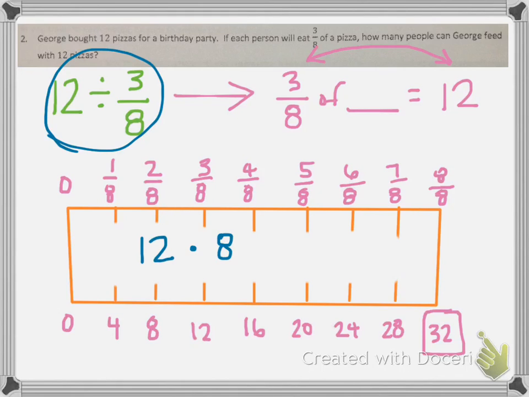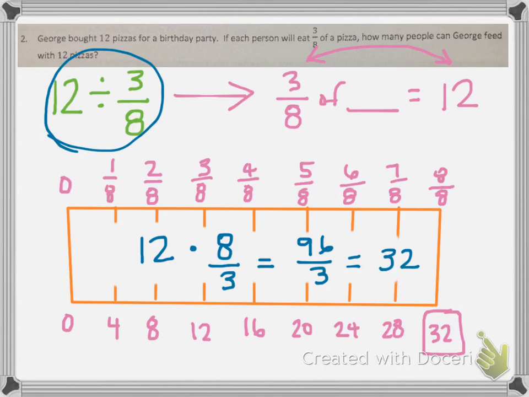So this would be 8 thirds. And then 12 times 8 is 96, divided by 3, which is 32. So we are getting that answer. We're just using a visual model to come to the answer. Okay, so we're going to keep practicing the visual models, because on the test we're going to have to show your ability to find the answer using a visual model.